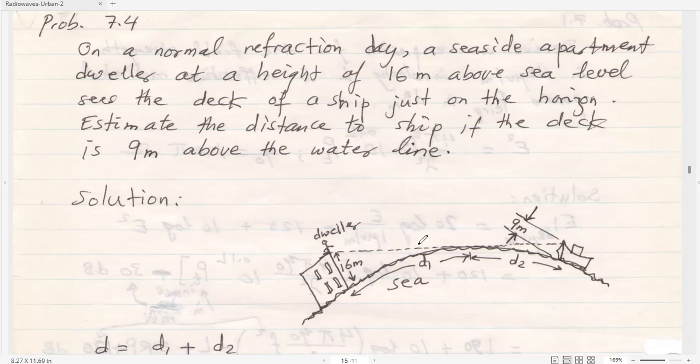Problem here: on a normal refraction day, which means standard atmospheric conditions, the equivalent radius of the Earth is 4/3 times the actual radius, which amounts to 6,378 times 4/3.